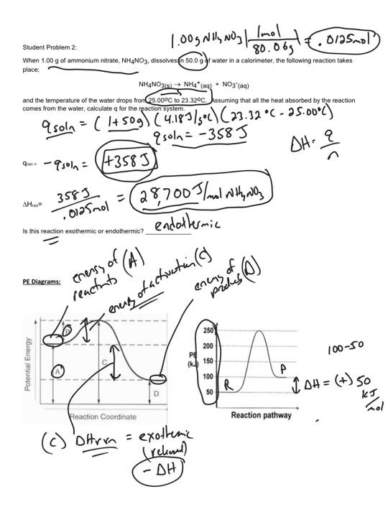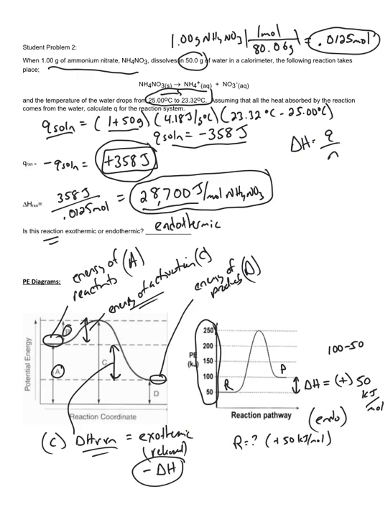This is an example of an endothermic reaction. Whenever you have an endothermic reaction, the energy content of the products will be higher than the energy content of the reactants. What is the energy content of the reactants? Hopefully you said 50 kilojoules per mole.